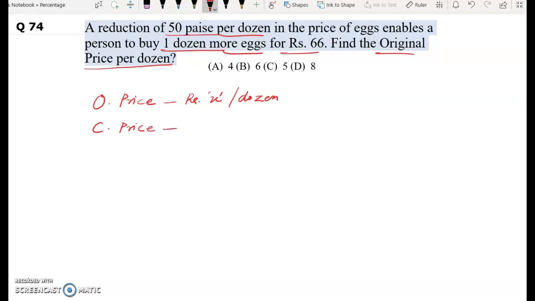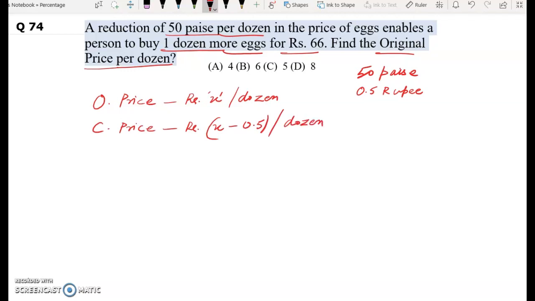A reduction of 50 paise per dozen. Now 50 paise, if we convert it into rupees, this will be 0.5 rupee. So our current price will be rupees X minus 0.5 per dozen.